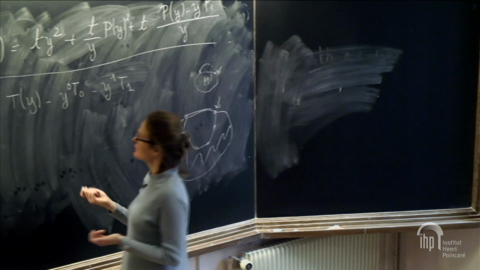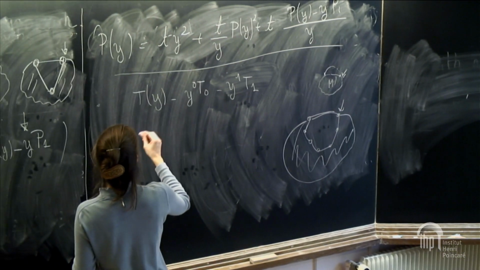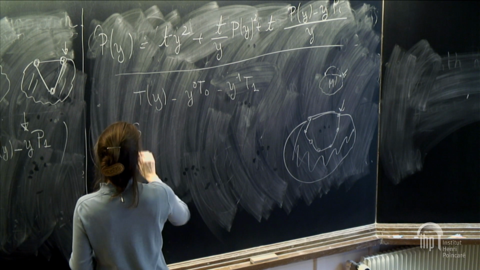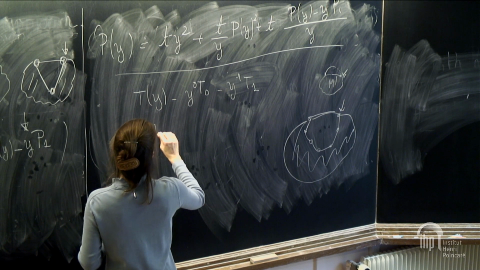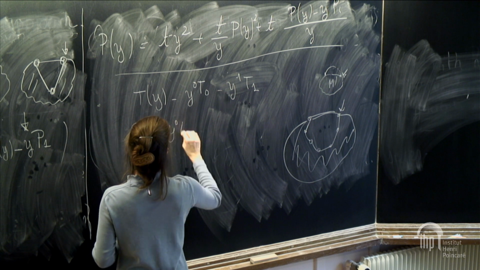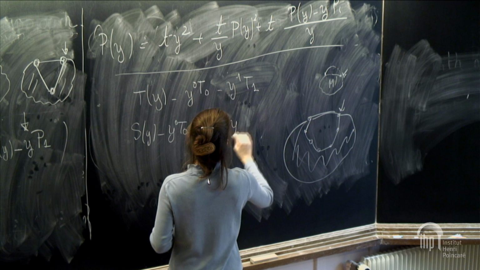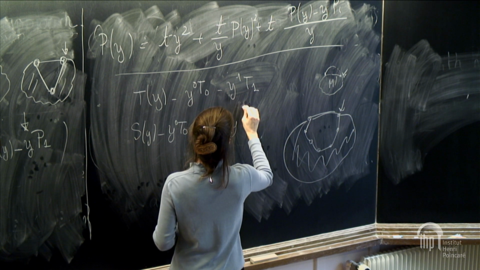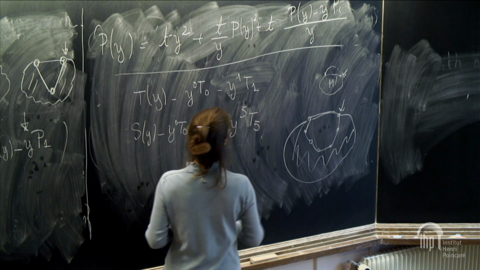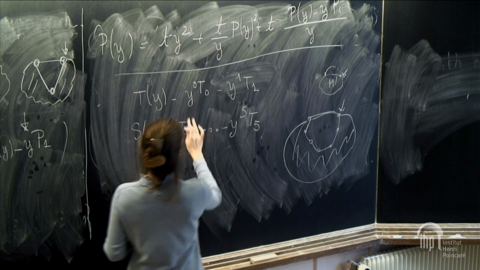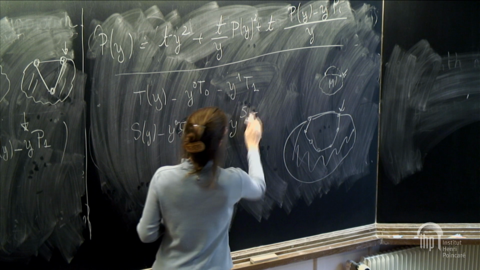So what I would get, say for this new class of maps of degree 7, I would get this. It's not a T, it's an S.